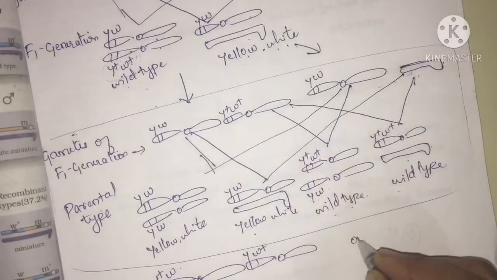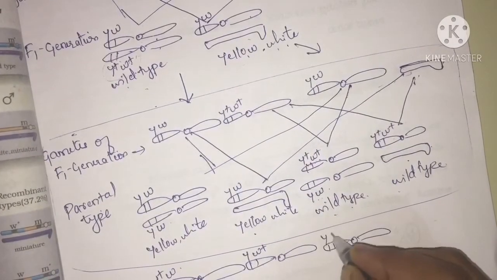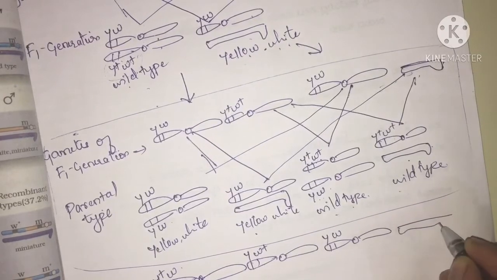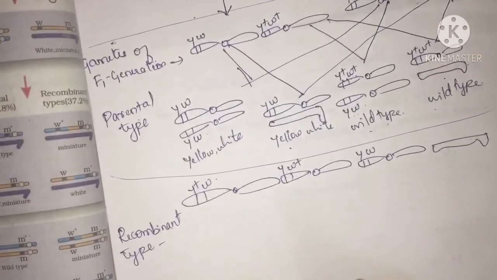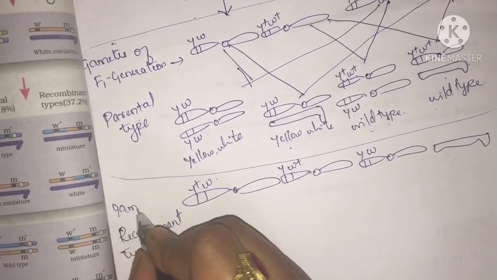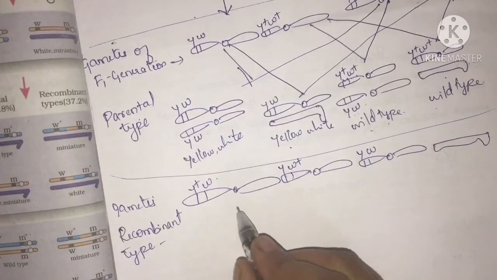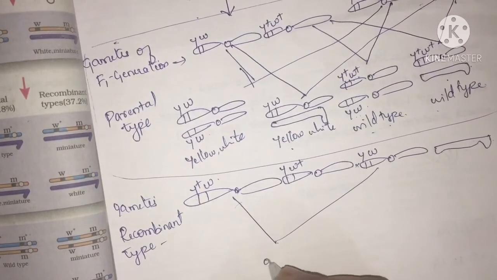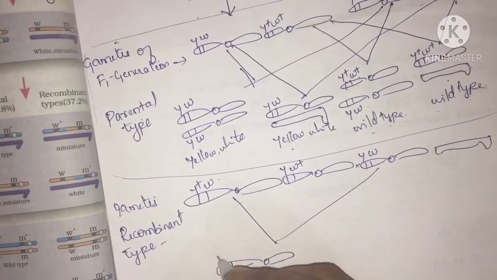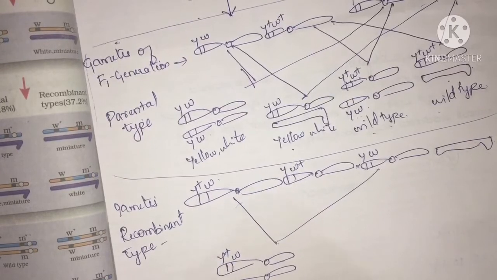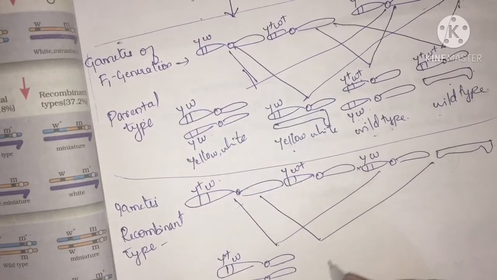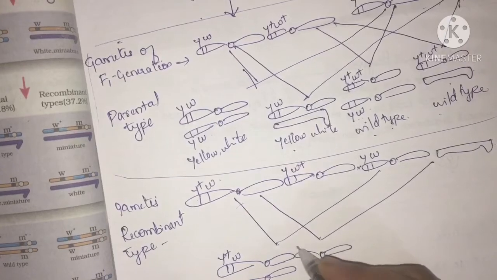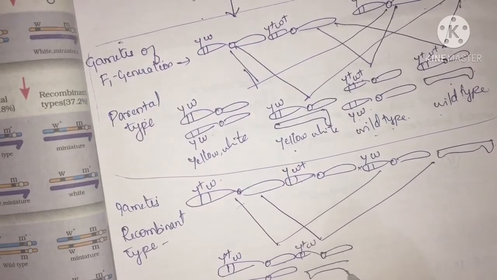These two will remain same, those are not getting exchanged. Y, W, and another one is something like this. These are the gametes of F1 generation. Now you cross between these two. You will take this with this. What you will get? Y plus W and YW. Then you will get same Y plus W and you will get a male.